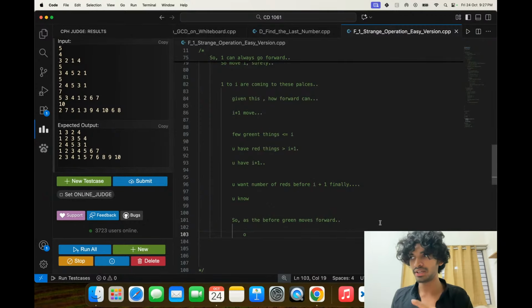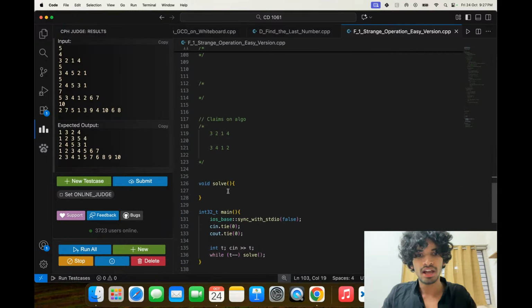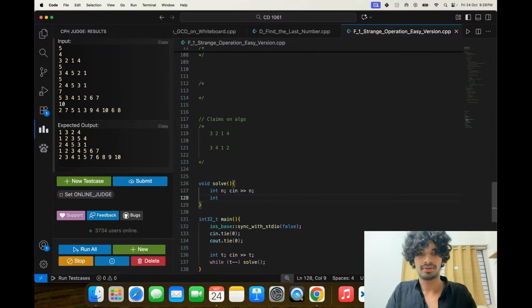Number of red before it. I think I have my algorithm. I will make it red green because n square, right? I'll just make it red and green.